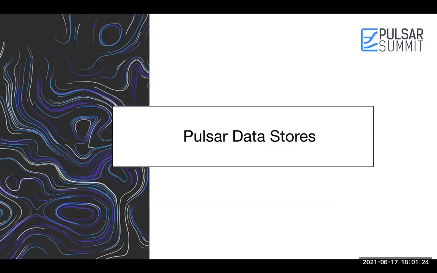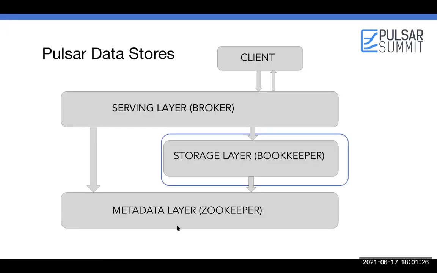If we look at the data store of Pulsar, this is something that I've highlighted. On the data store layer, we have Bookkeeper as well as an object store. Bookkeeper is typically where all your data resides. Object store is where some of your old data can move, so your Bookkeeper disks don't grow very, very big when you have a lot of data and you want to retain them for long.